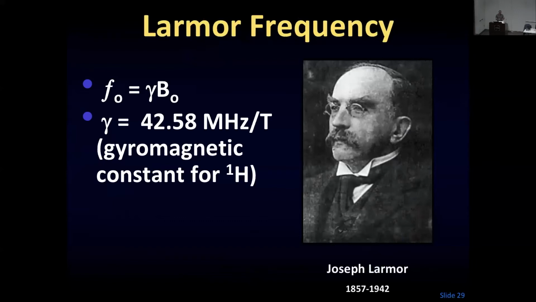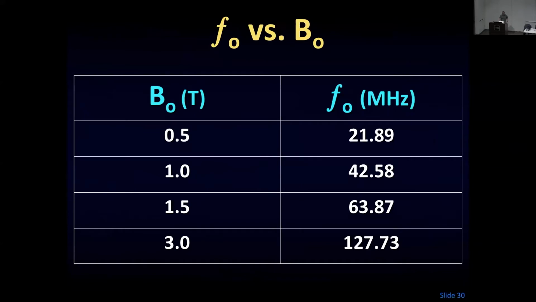What's the precession frequency at 3T? Well, you just take 3 times 42.58, and that's the precession frequency at 3T. So I won't do this exercise for every magnetic field there is in the human universe, but now you understand that all you got to do is you take your magnetic field strength, you multiply by the gyromagnetic ratio, and that's the precessional frequency.